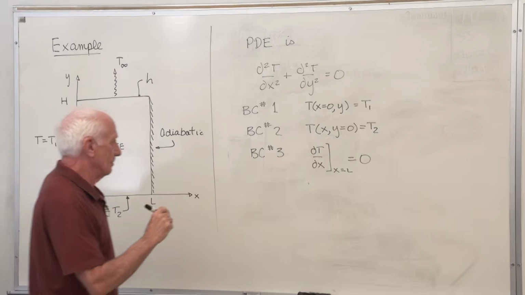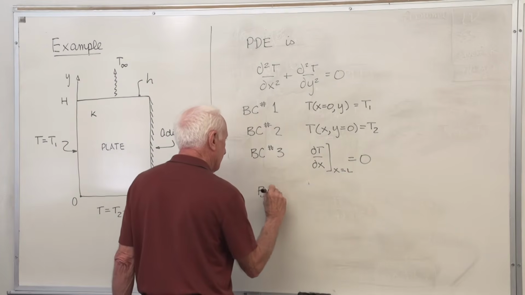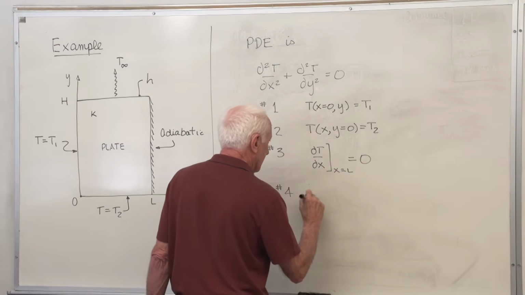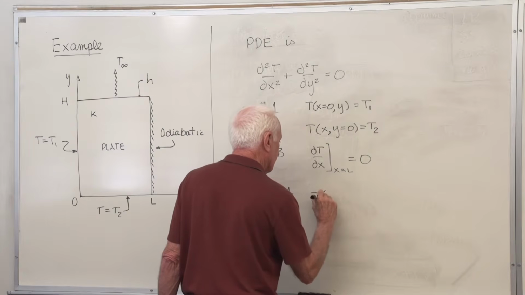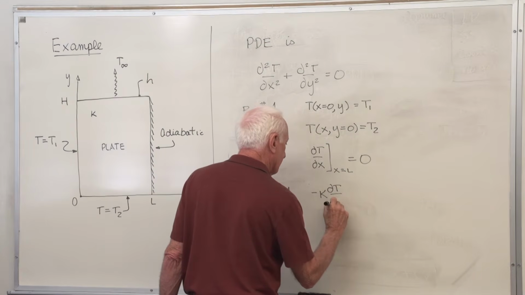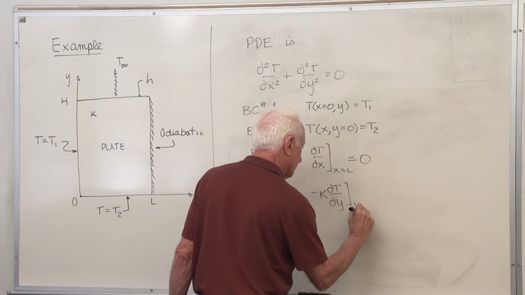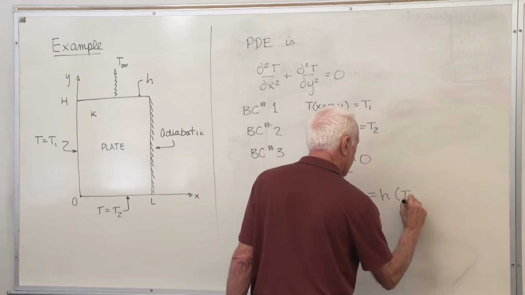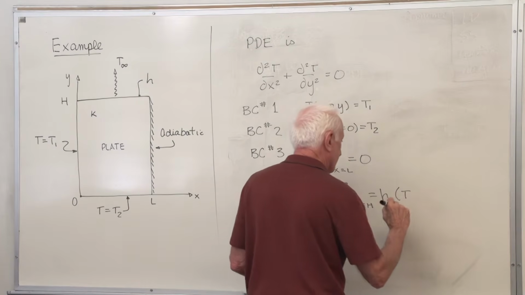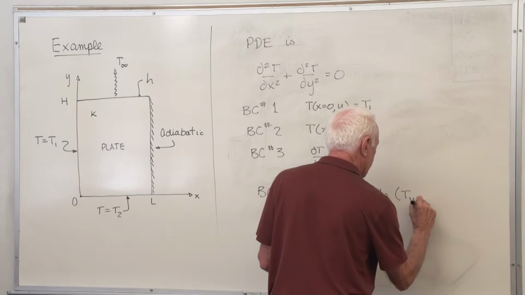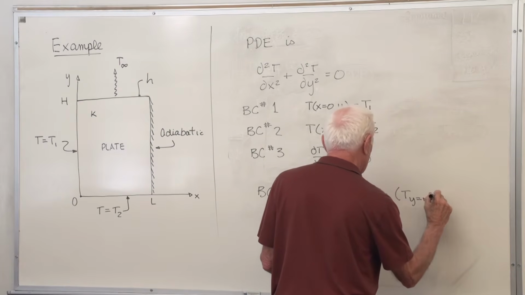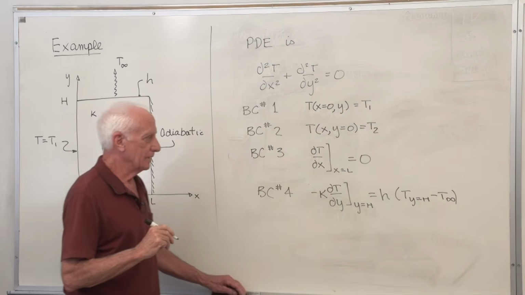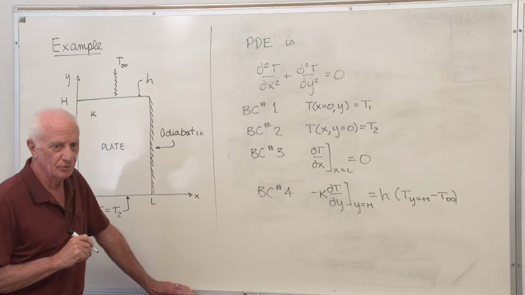I know at the top of the plate, convection heat transfer occurs. That's case 4, table 2.2. Convection boundary condition, case 4, table 2.2.